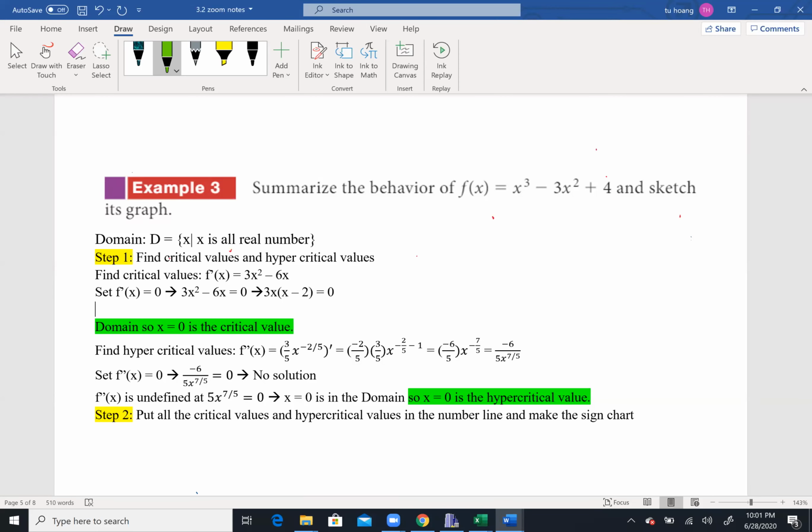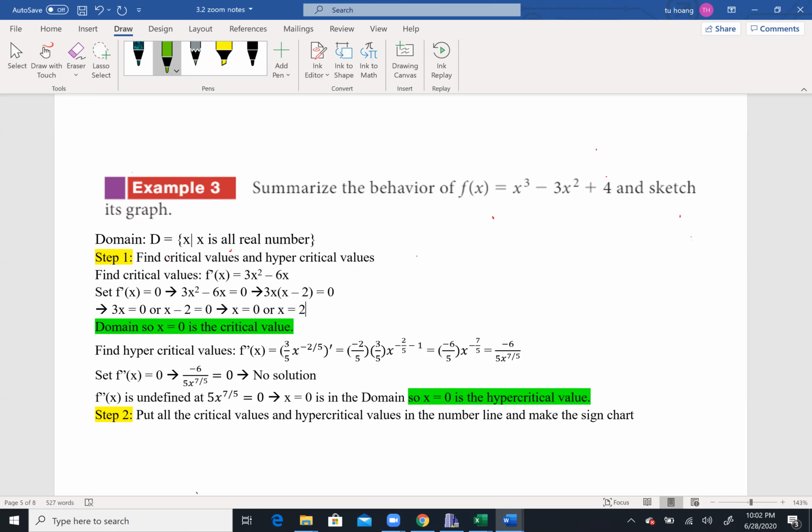So I have 3x equal to 0 or x minus 2 equal to 0. So then you have x equal to 0 or x equal to 2 are the critical values.